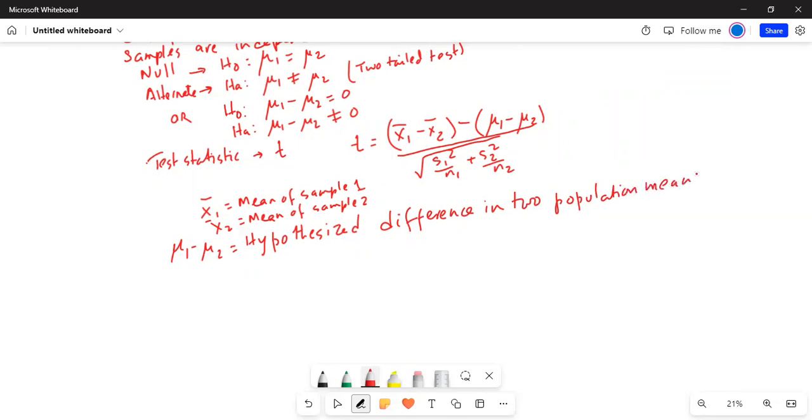Remember, this comes from the null hypothesis. S1 square is the variance of sample 1. Remember, variance is the square of the standard deviation, and S2 square is the variance of sample 2.